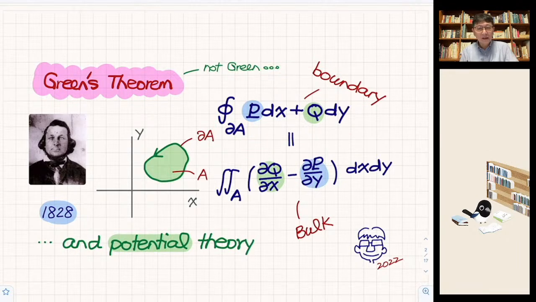I can assure you that this sort of bulk boundary correspondence happens all the time. In fact, when you take basic calculus, you already learned the concept. You probably just didn't think about it this way.